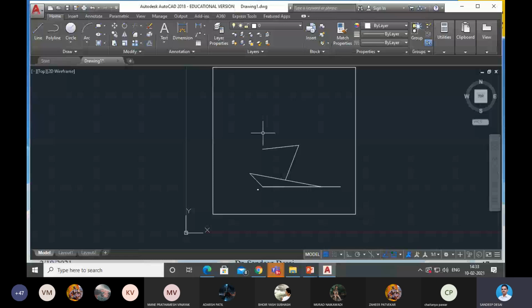Now let us keep this line. This is just to indicate that it is a point. That's it. This is just to indicate that there is a point here. Again, here to just indicate that there is a point here.